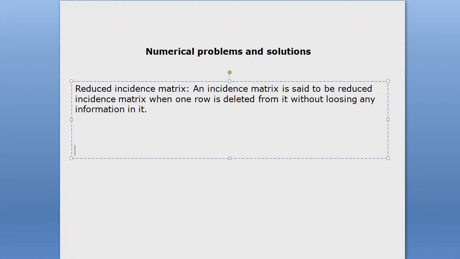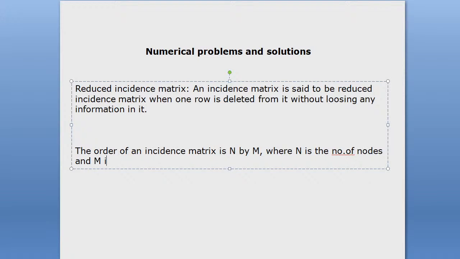For example, consider the order of an incident matrix is capital N by capital M, where capital N is the number of nodes and capital M is the number of branches.